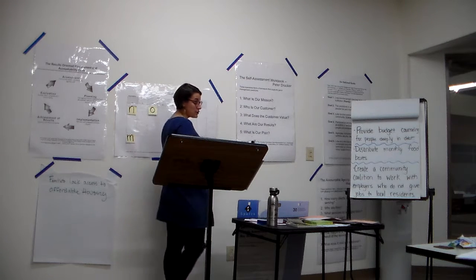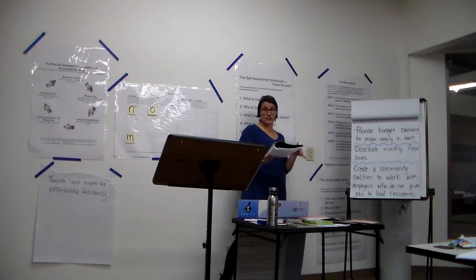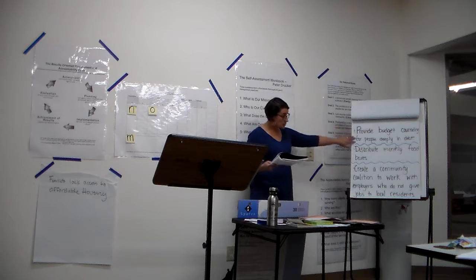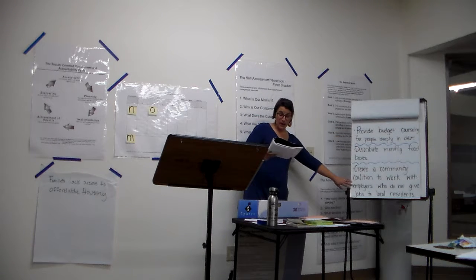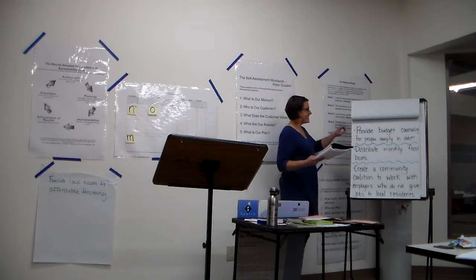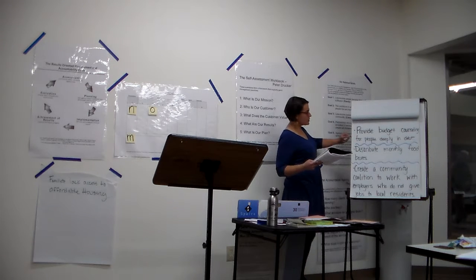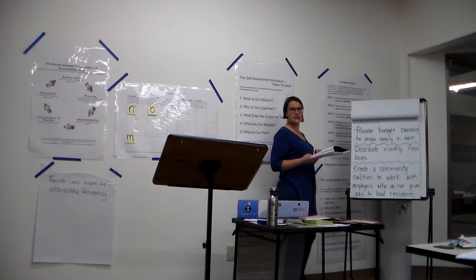So we've looked at the assumptions with mission statements, we've looked at assumptions behind the selection of services and strategies. That's what we're doing right now, okay? So I have these 3 examples that are written there, and I'm going to lead the discussion about each of these scenarios. So this scenario number 1, provide budget counseling for people deeply in debt.